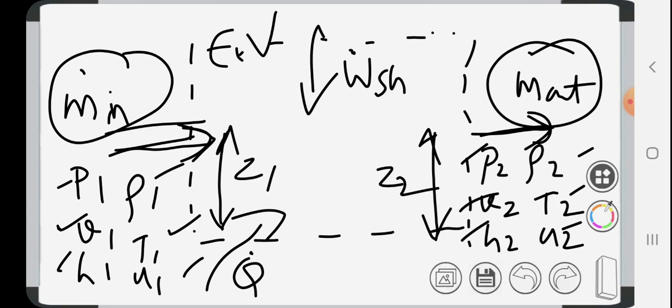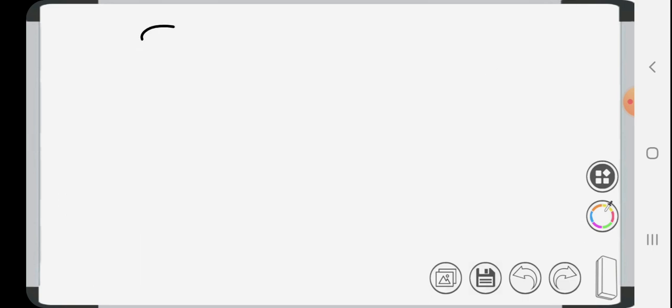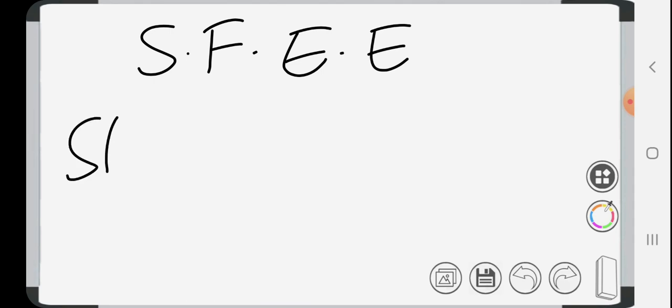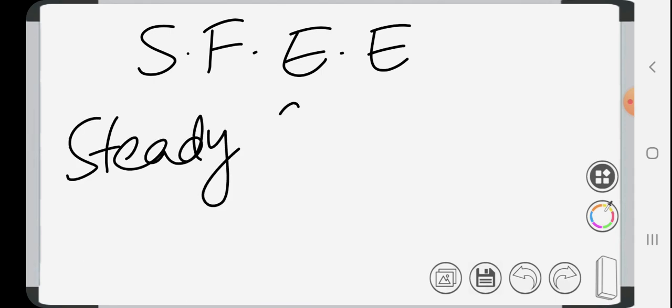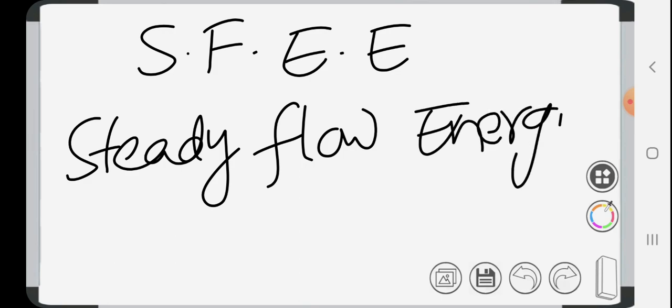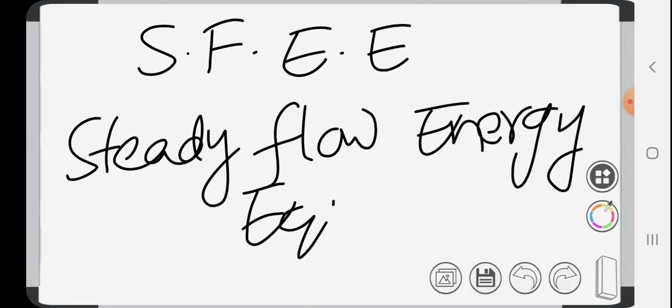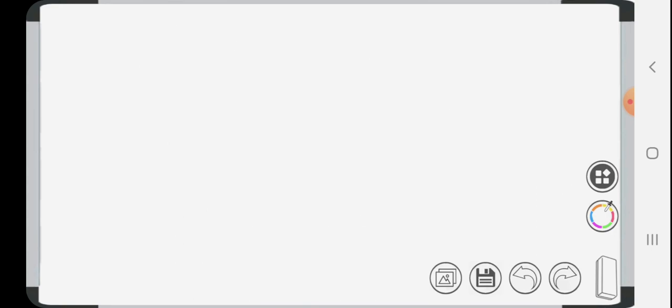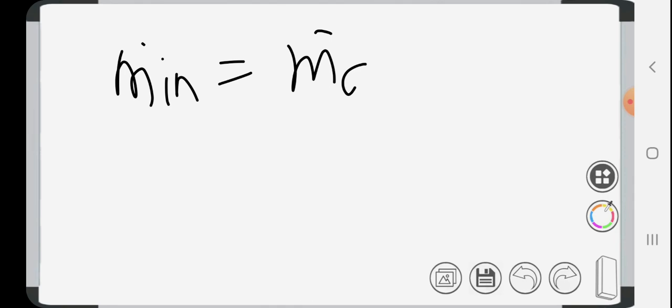We have already studied this. So let it be m dot itself. M dot in is m dot out. This is the steady flow energy equation, SF. M dot in equal to m dot out equal to m dot.